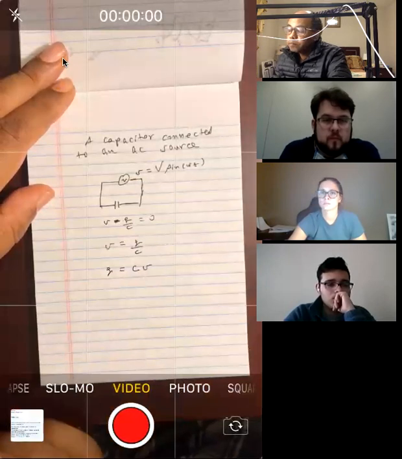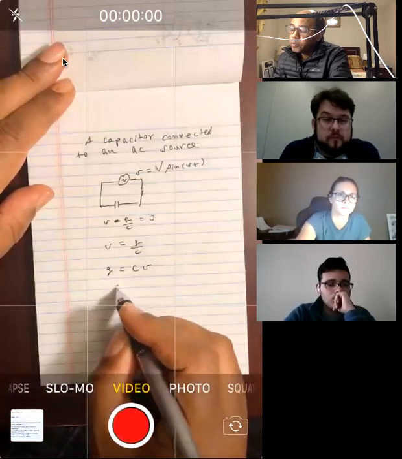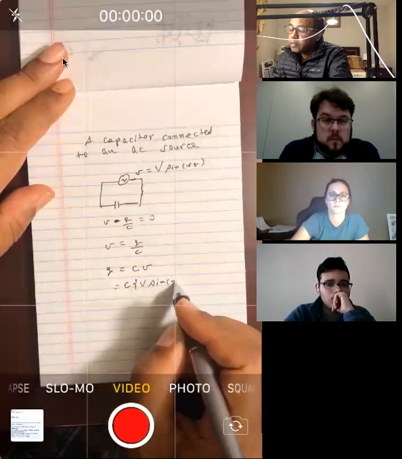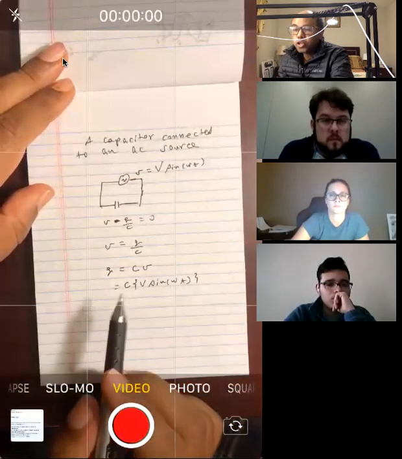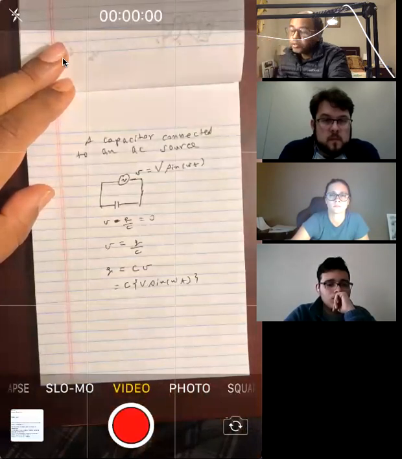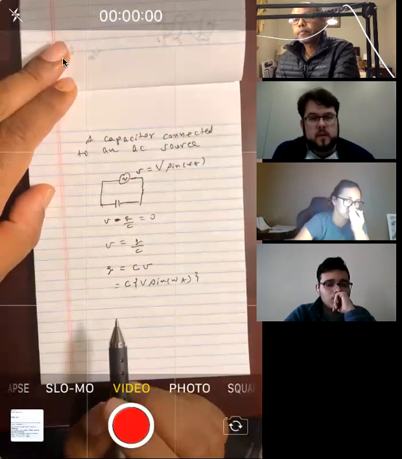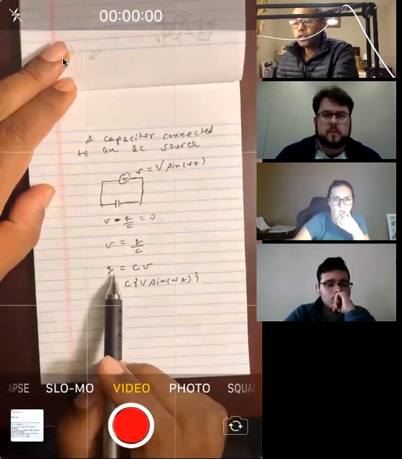We said let the voltage be V sine omega t, so the charge is C times V sine omega t. How do you get the current from here? The current is the rate of flow of charge, which is the derivative of charge with respect to time.